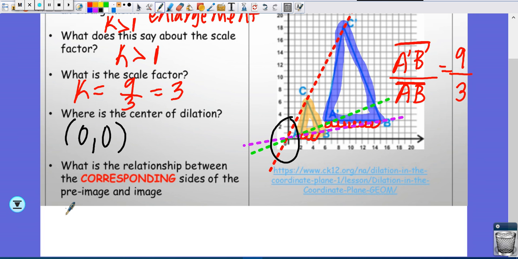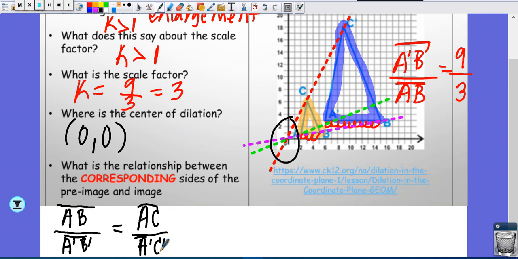So that relationship is segment AB over segment A prime B prime should equal another corresponding part, AC, which matches segment A prime C prime, and that should be equal to the other corresponding part, segment CB, which should match C prime B prime.